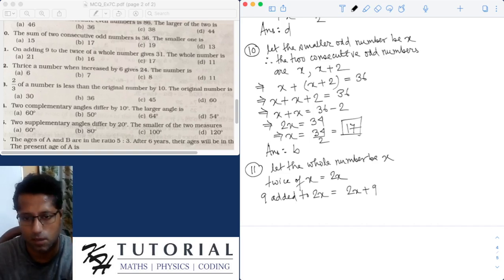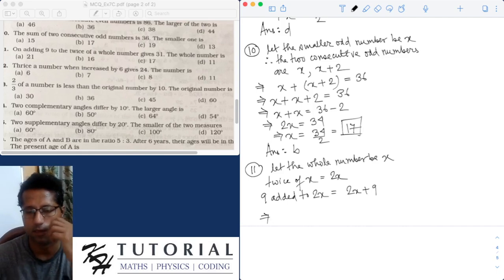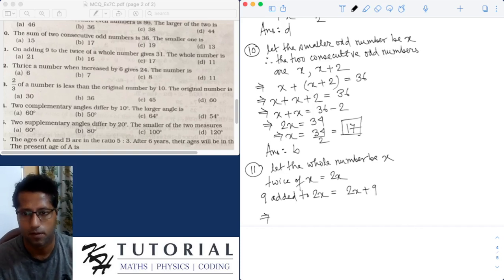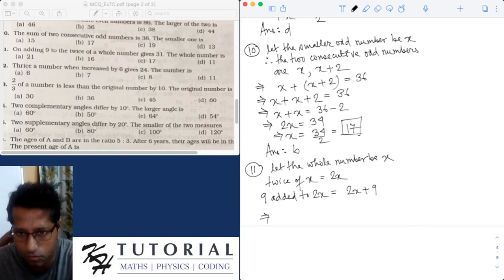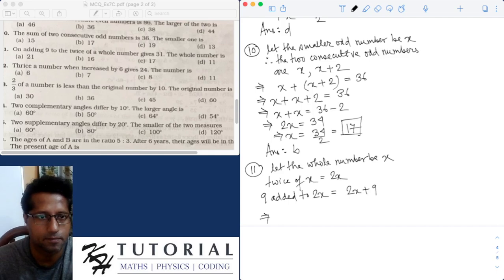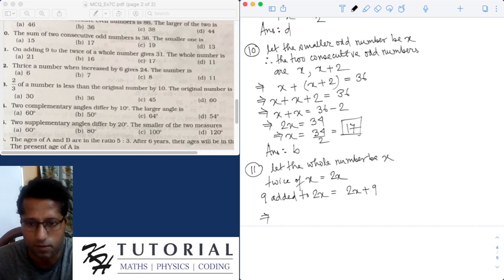Now we can create the equation, because it has said that after adding 9 to twice of the whole number, which we have found to be 2x plus 9, that sum is 31. So we can say now that 2x plus 9 equals 31.